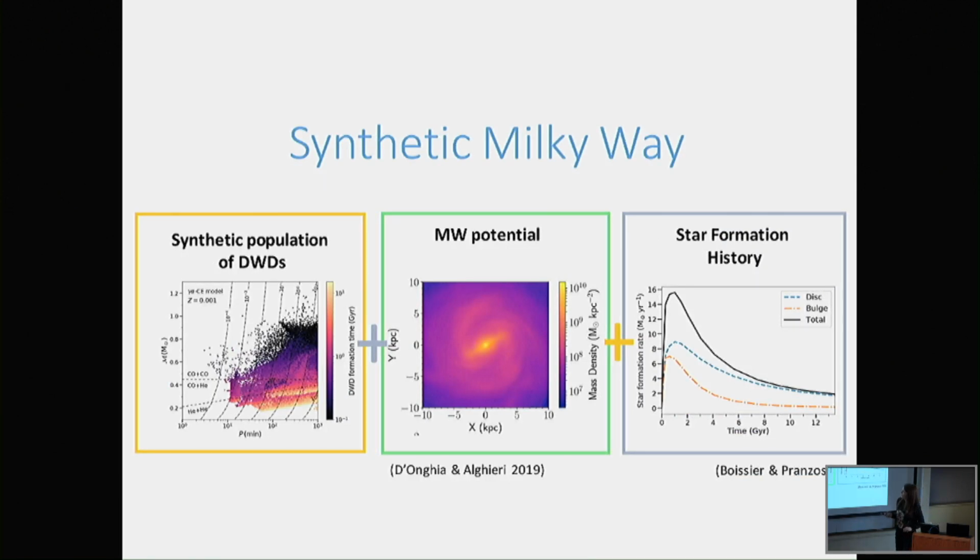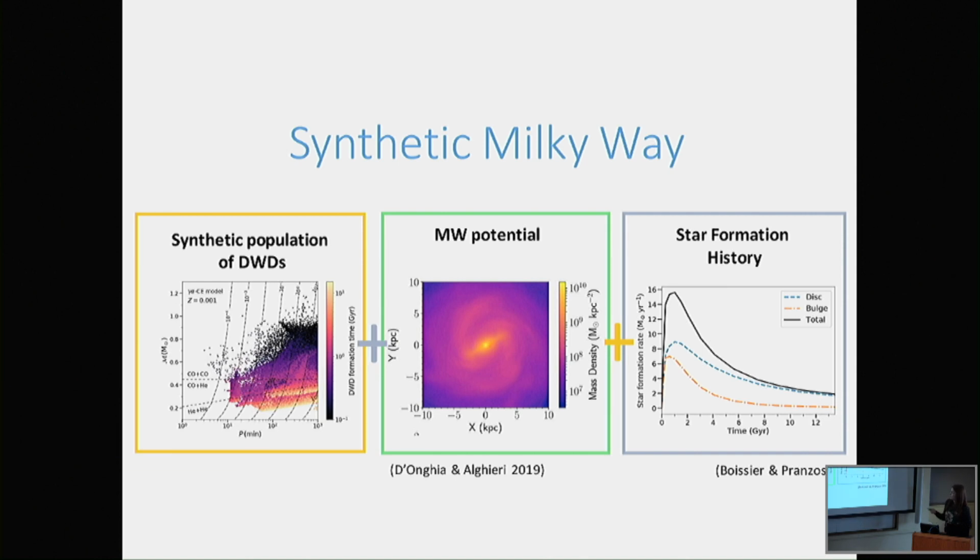And for this, I slightly changed the recipe. So instead of taking a smooth analytical potential, I'm using a numerical simulation from Elena D'Onghia, in which she used a hybrid hydro and N-body simulation that naturally develops the central bar and the spirals. And I repeat the same procedure.